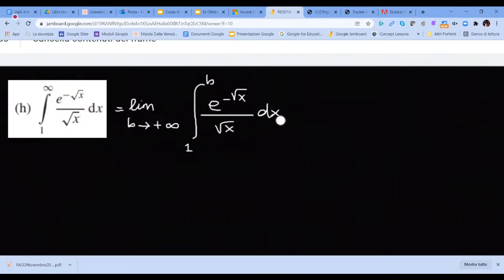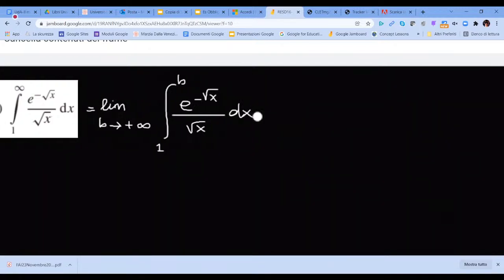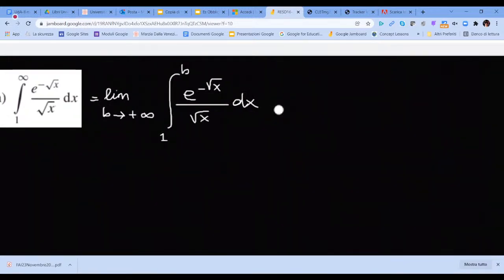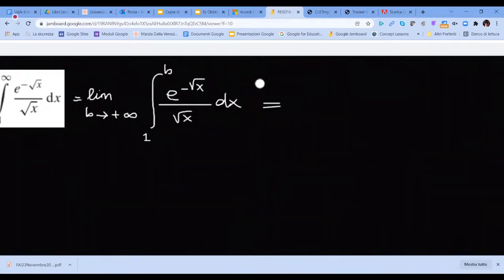Okay, so what we perform is to substitute again something that is difficult, some difficult expression, with a switching variable, and we take t and we put square root of x equals t.